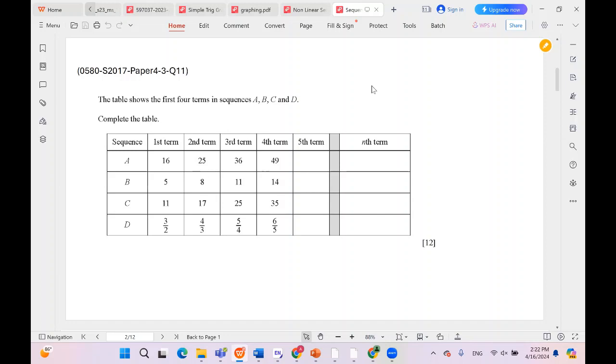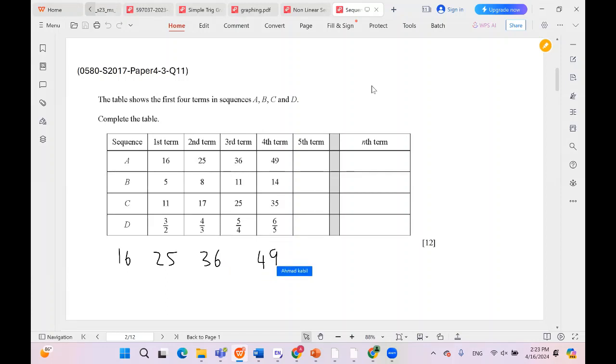So for the first sequence, we have 16, 25, 36, and 49. Let's write them down below. 16, 25, 36, and 49.